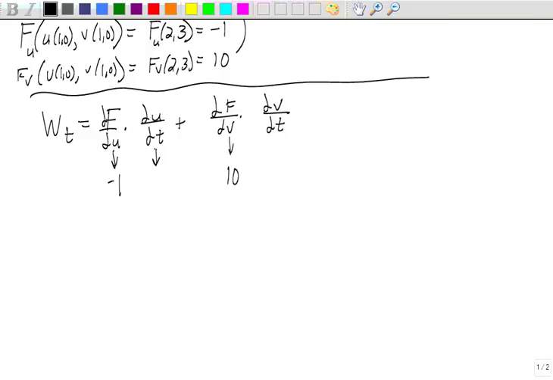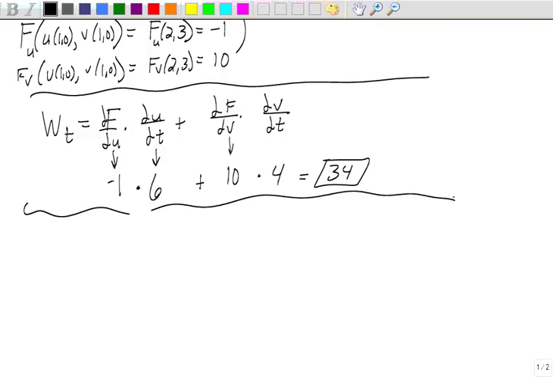The book says u with respect to t is 6, and v with respect to t is 4. So this comes out to be 34. Okay.